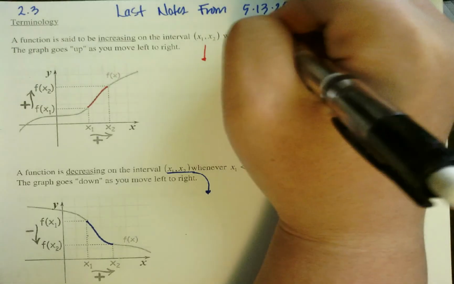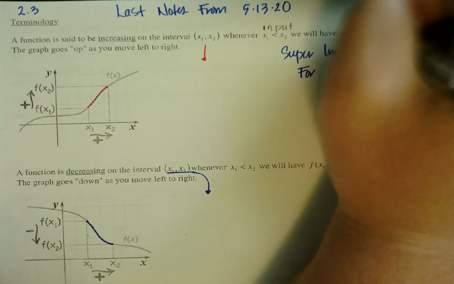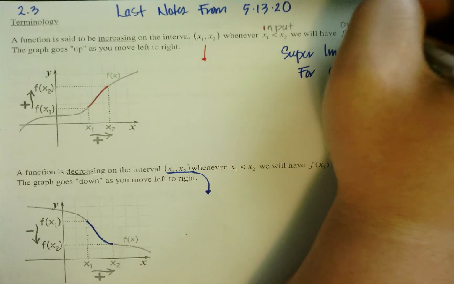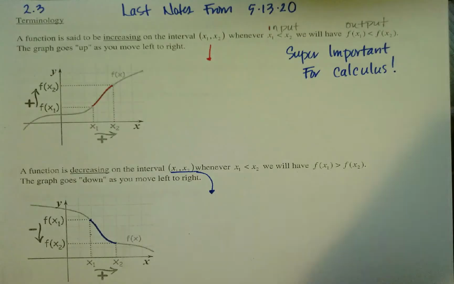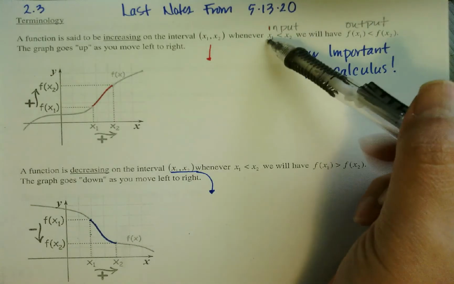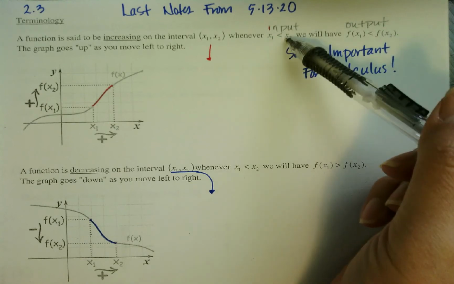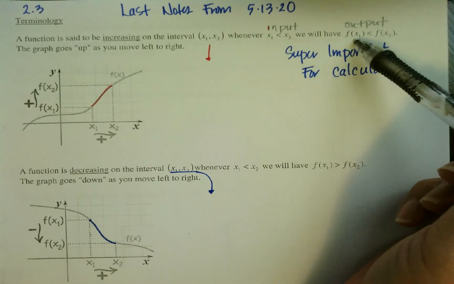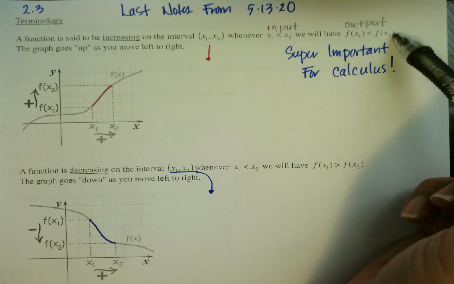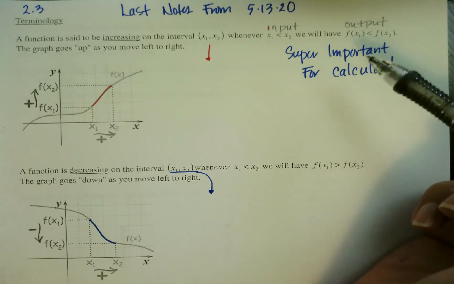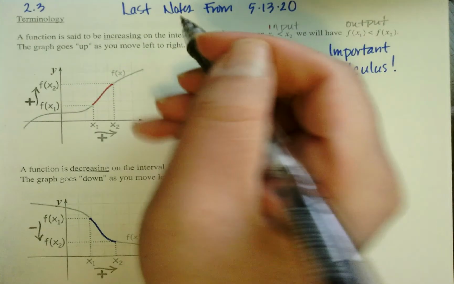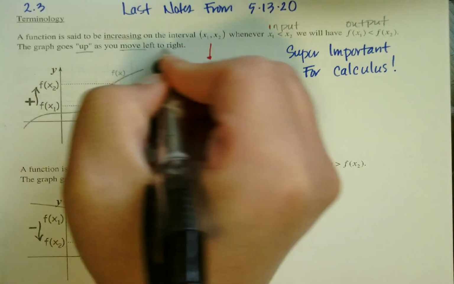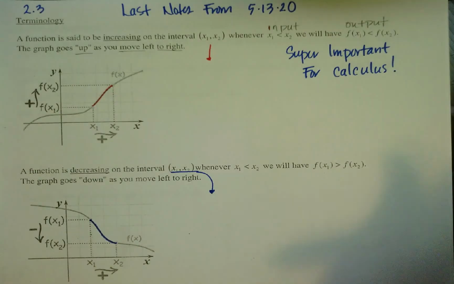This is input, and this is output notation. So it's increasing if your first input is smaller than your second input, then that means your first output will be smaller than your second output. The graph goes up as you move from left to right. You always read graphs from left to right for everything.